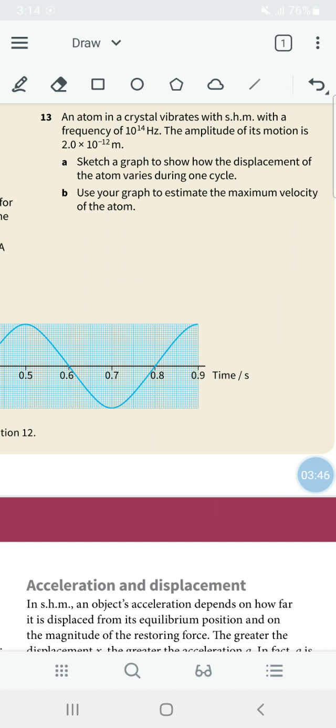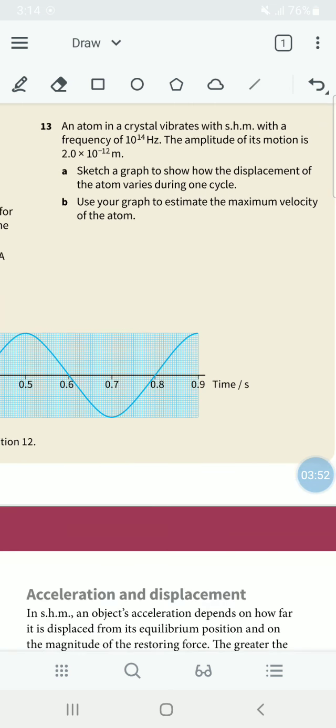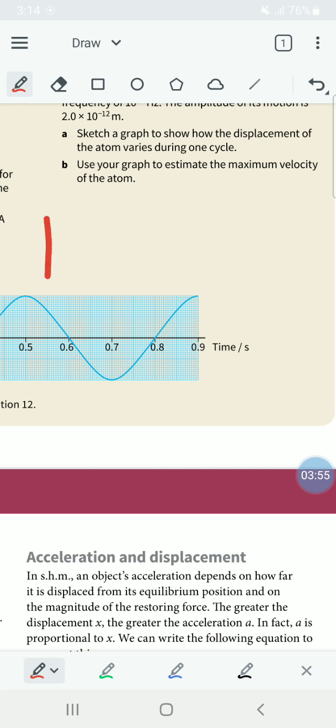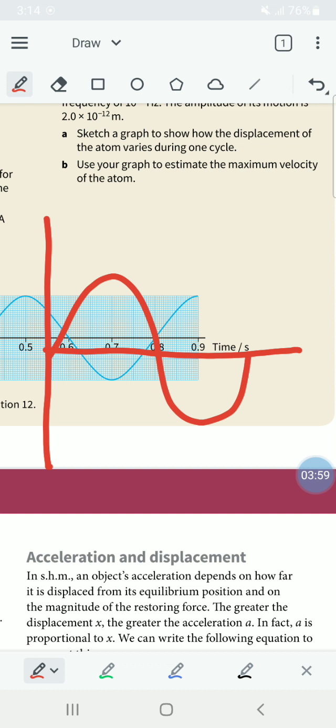Use your graph to estimate the maximum velocity of the atom. Obviously, when you get the graph like this, where do you have the maximum velocity? At this central point.